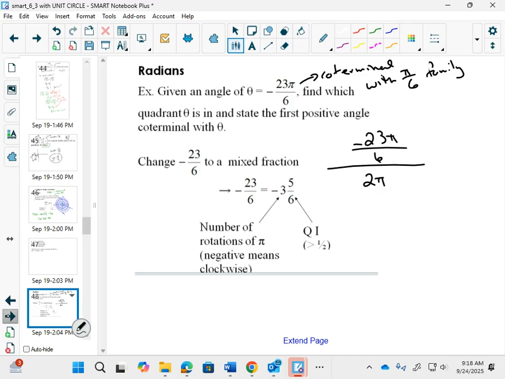This is good practice. See if you can type that into your calculator. Negative 1.916 repeated.